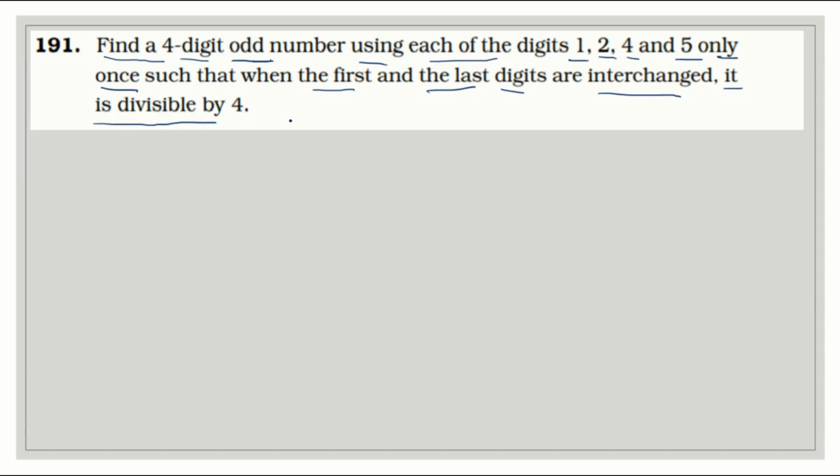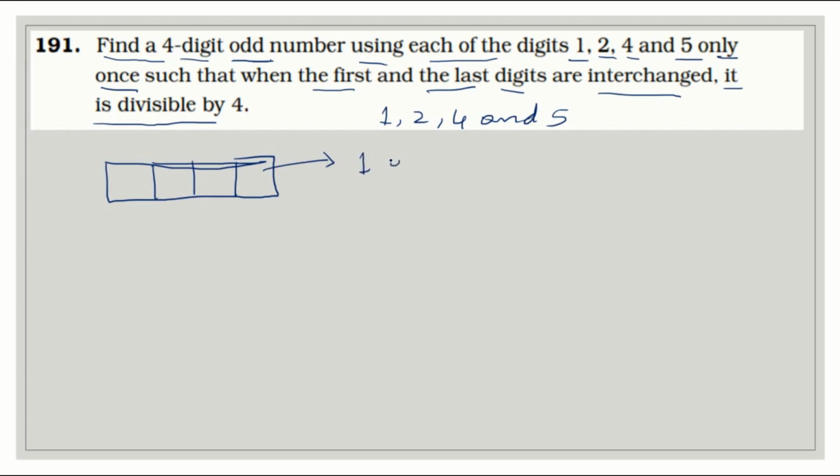Here we are asked to use the digits 1, 2, 4 and 5 and make a 4-digit odd number. When we are making a 4-digit odd number, that means the units place digit must be 1 or 5 only, because then only the number becomes odd. Now, if this is the case, then we will get two cases.